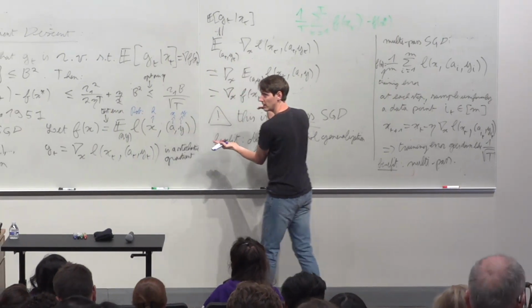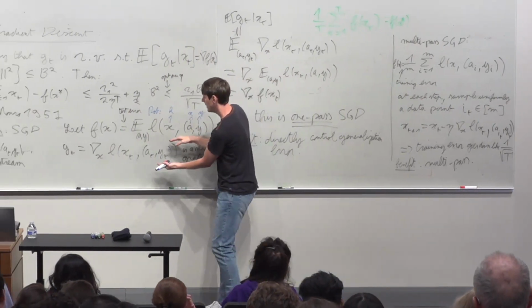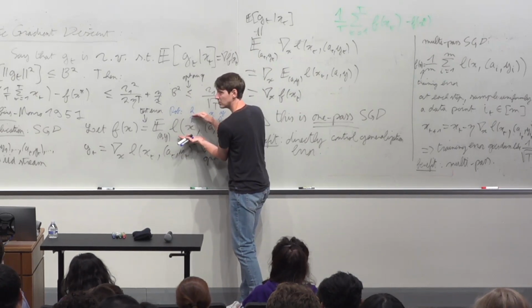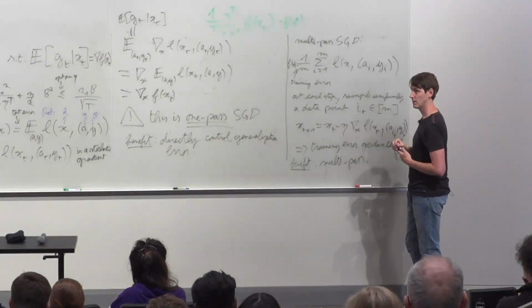There are two different things. When you get a fresh sample every time, this is an unbiased estimator of your test error. But when you revisit your examples and you just take one at random from some fixed data set that you keep going over and over again, you get an unbiased estimator of the training error. So there is no expectation.